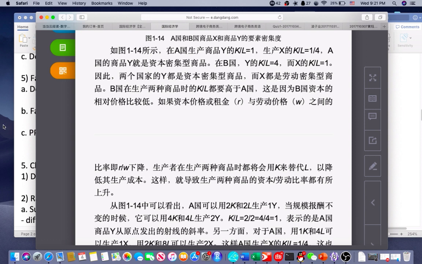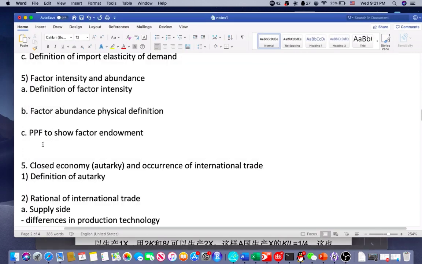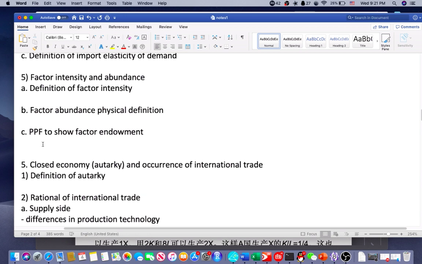The factor abundance physical definition. The physical definition is that the relative physical quantity of available factors in production, in country A, the total capital divided by total labor, is greater than country B. That is, A is a capital abundant country.